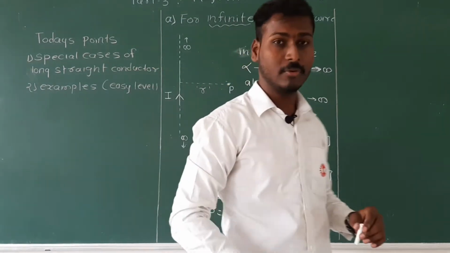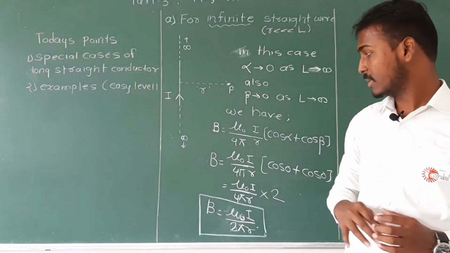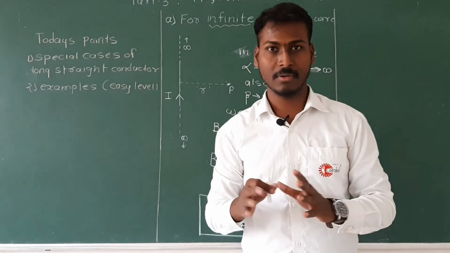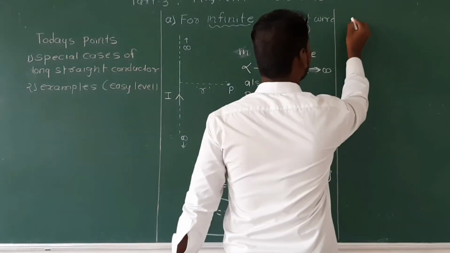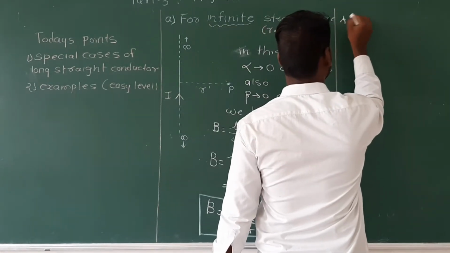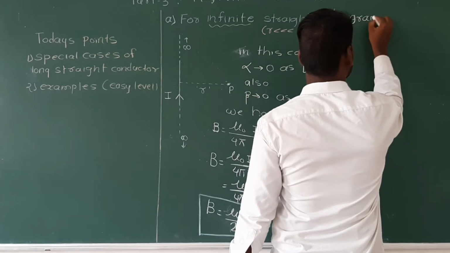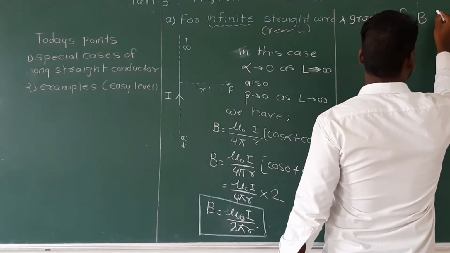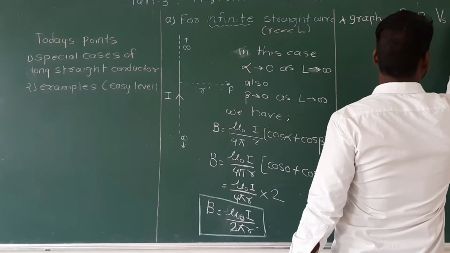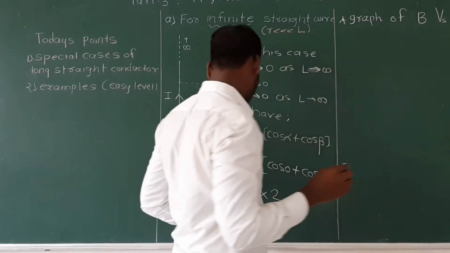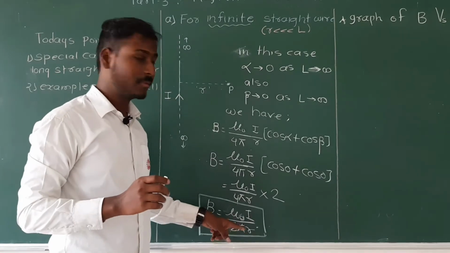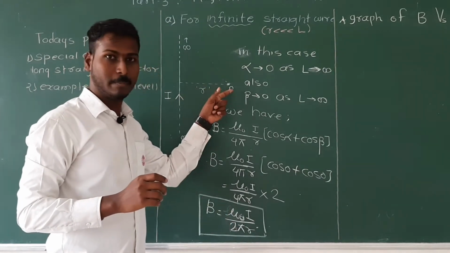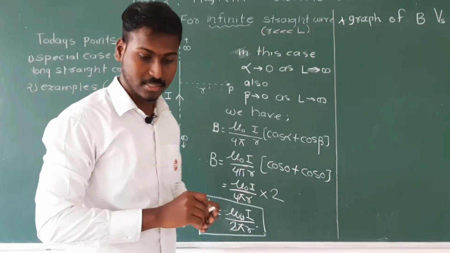Now see carefully, what about direction? But before that we will go for one graph, the graph of magnetic field versus R. Always remember that R is the distance of that point P, and actually it is a perpendicular distance.